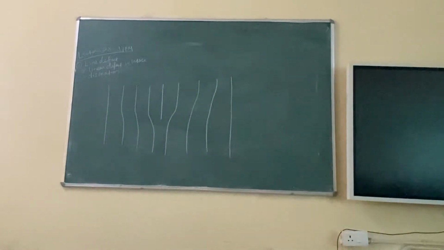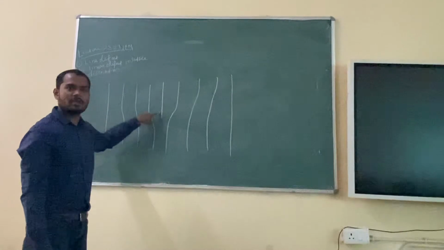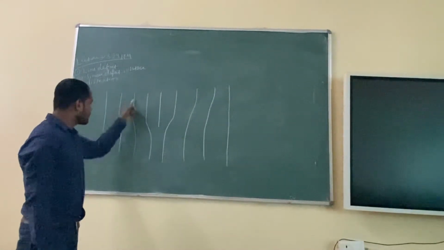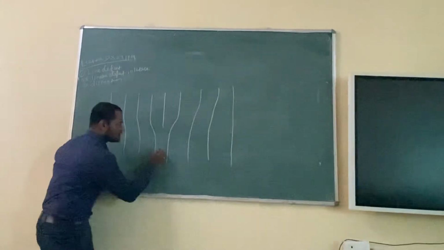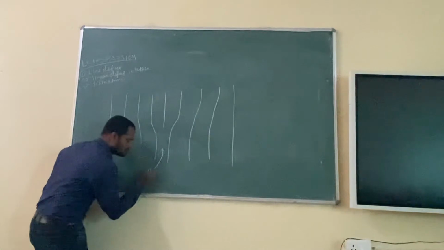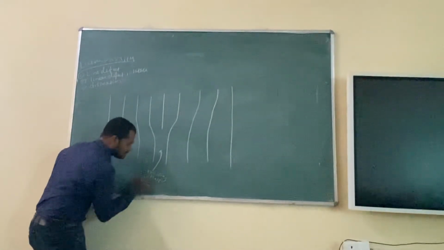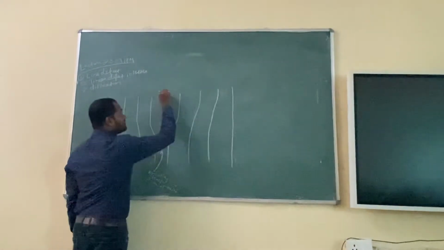Can you see a dislocation now? Which one is the dislocation? You can say this one. This is your extra half plane of atoms, right? You can see all the atomic planes are complete right now, right? But this one is incomplete. So this is what I can say: this one is the missing half plane of atoms, and this is extra.